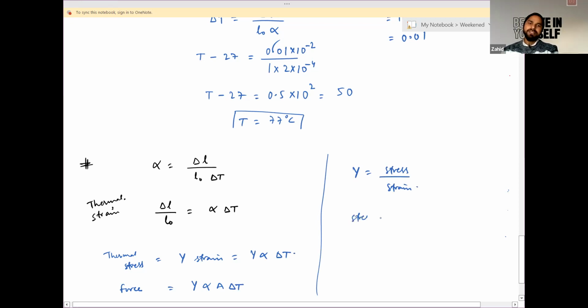Next, stress equals force divided by area, so force will be area times stress. So we have just calculated these terms. You will be asked directly to find these terms, so you may use these formulas to calculate.